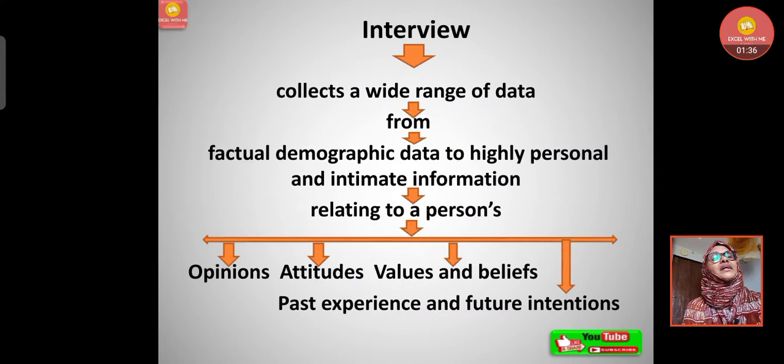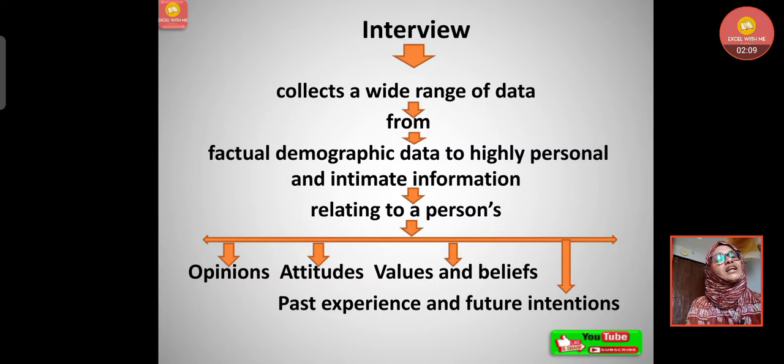Now interview collects a wide range of data, from factual demographic data to highly personal and intimate information relating to a person's opinion, attitudes, values and beliefs, past experience and future intentions. So we can even understand the demographic data, such as where the person lives, how they have shifted from one place, migrated or not.